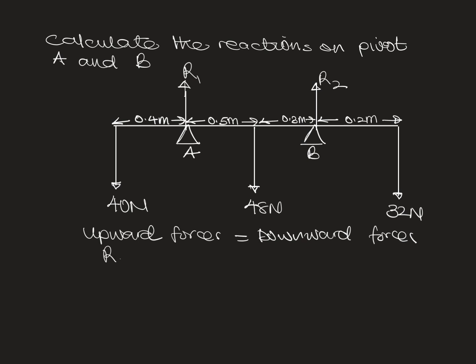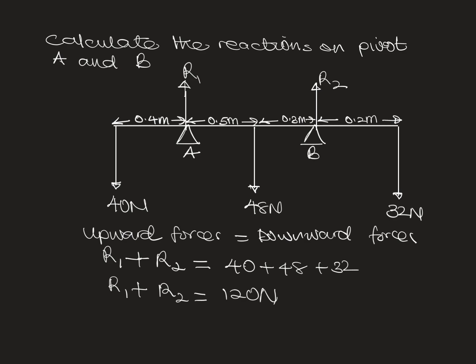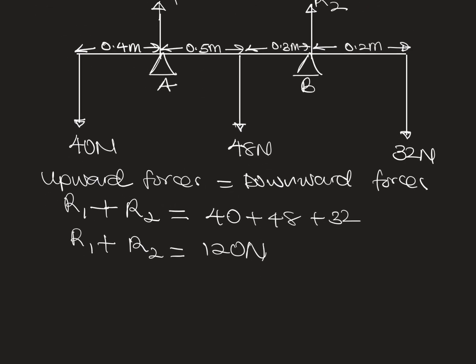The upward forces are R1 plus R2. What are the downward forces? We have 40, 48, and 32 newtons. So R1 plus R2 is equal to 120 newtons. All right.